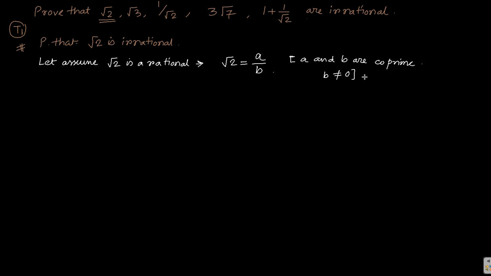Now squaring both sides, we get 2 is equal to a square by b square. Now multiplying, 2b square is equal to a square.